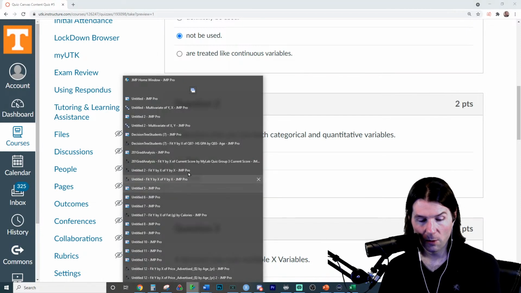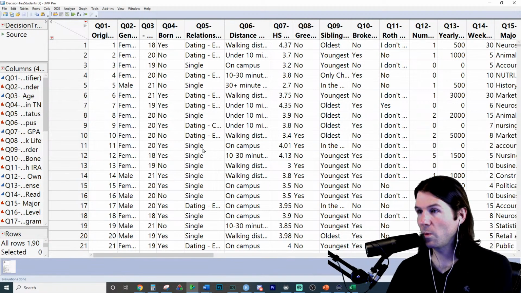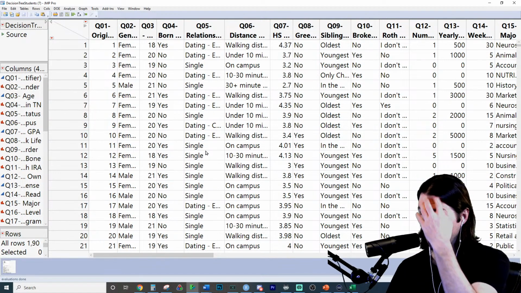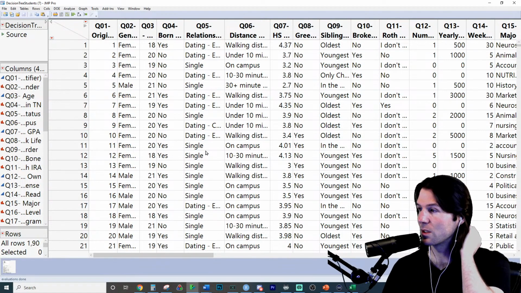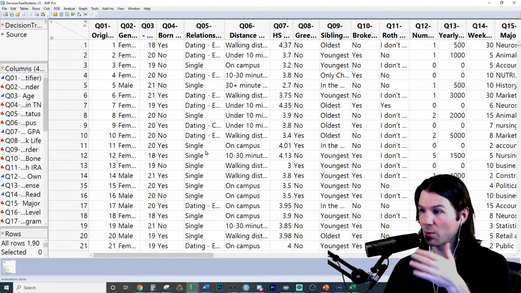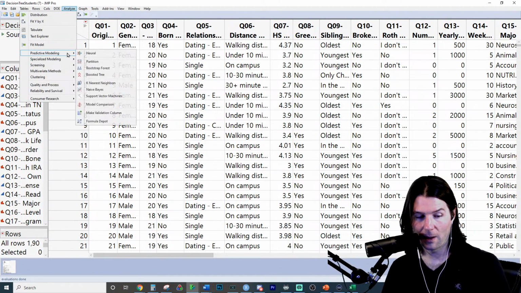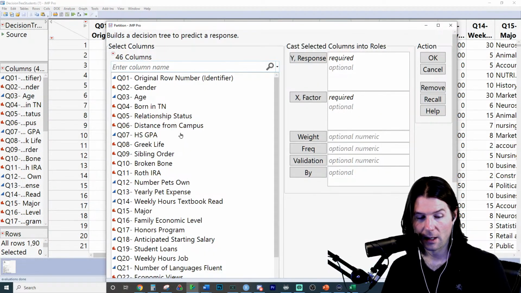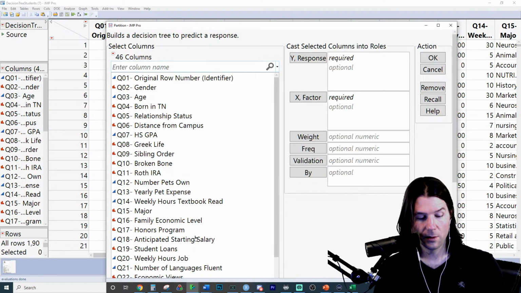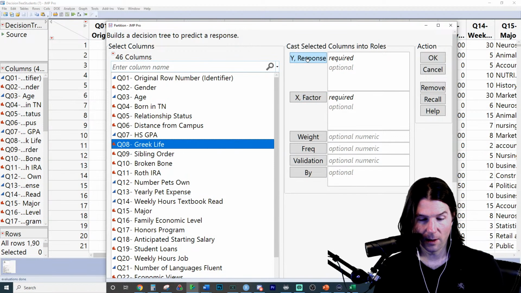A decision tree, which we'll be talking about next week, is a way of doing analysis with lots of X's. When you think about the end of the class, when we're talking about why we use things, a decision tree is going to be under Analyze, Predictive Model, Partition. So if I want to analyze whether or not people are in Greek life, there we go.